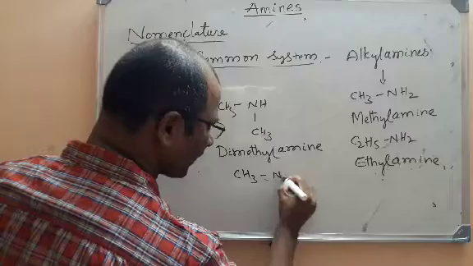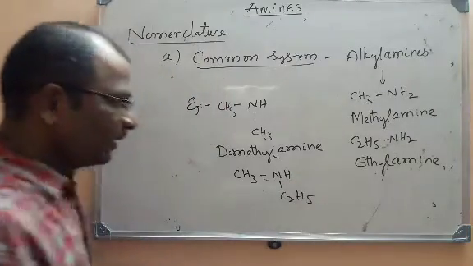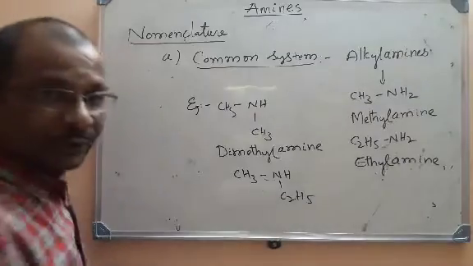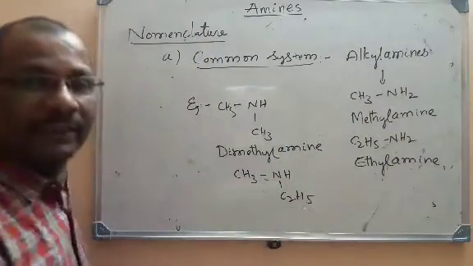When we have different alkyl groups, either in a tertiary amine or a secondary amine, we get mixed amines. For example, if you take here, this is an amine with different alkyl groups. Here, first we have to write the alkyl groups, but two different alkyl groups are there.